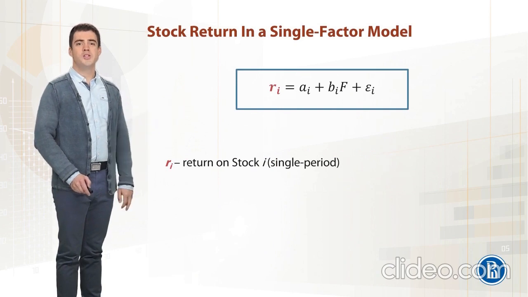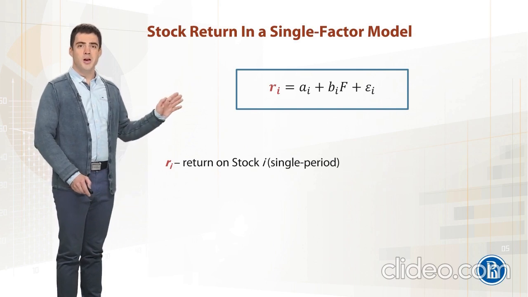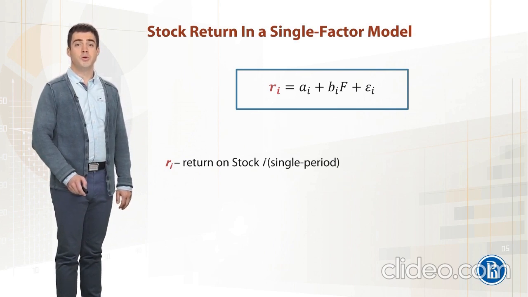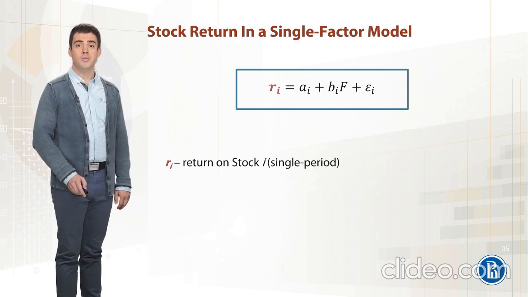This is the formula of the basic single-factor model used in order to determine the return of a stock. Please note that now we're talking not about expected return, but about a single period return, which is the unknown in this equation.